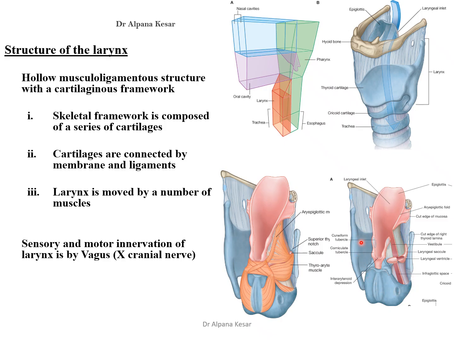The skeletal framework of larynx is composed of a series of cartilage. Cartilage are connected with the help of membranes and ligaments. Several muscles help in moving the larynx.